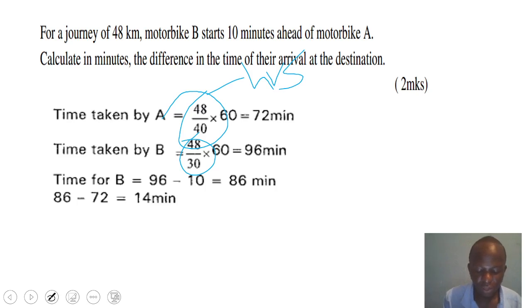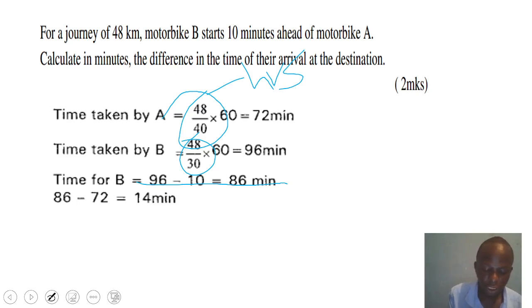Now that B starts earlier, it is ahead by 10 minutes. So we have to subtract 10 to factor in the 10 minutes that B is ahead. So 96 minus 10 is 86.